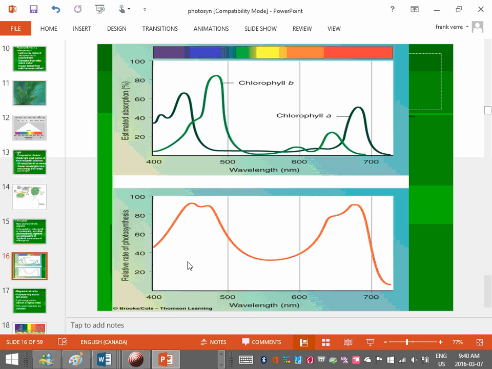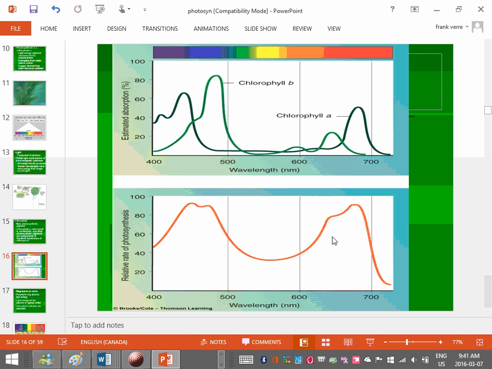And you look at this graph over here. This is the reaction rate, how fast photosynthesis is happening. And where do you notice it's highest? In the blues, right? Because these peaks correspond. And in the red. That makes sense because for photosynthesis to work, we need energy from the sun.